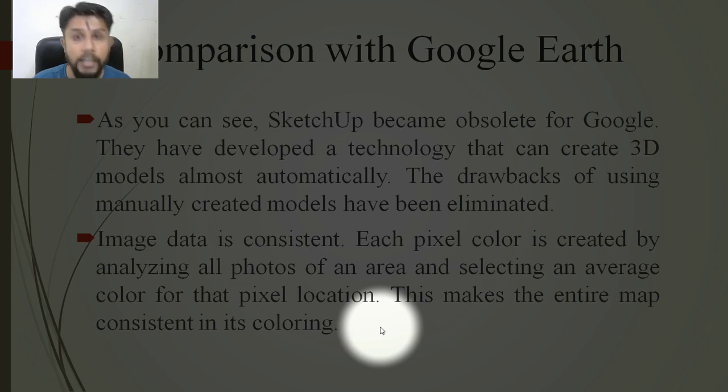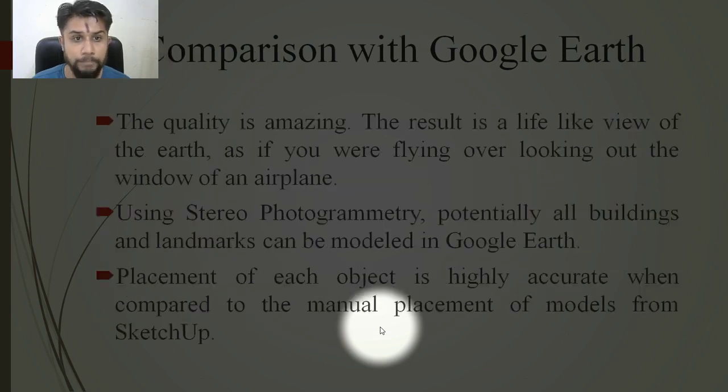From that coloring, you can find out the amount of irradiation level or amount of depth or anything that you can analyze properly with the help of this color coding. The quality is amazing, that is no doubt about it.